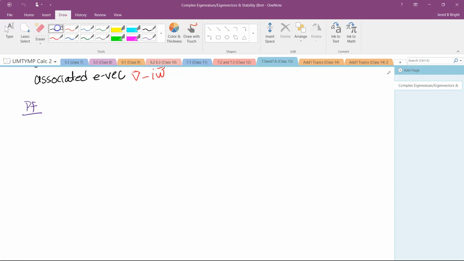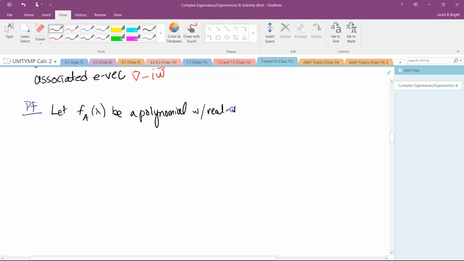So formally, we're going to say let f of lambda be a polynomial with real valued coefficients.